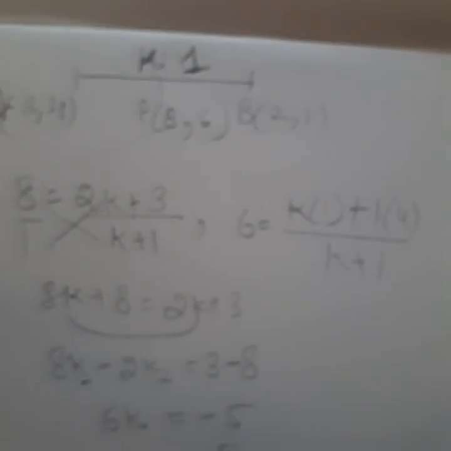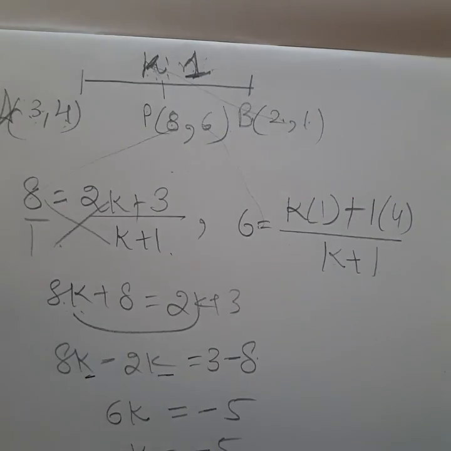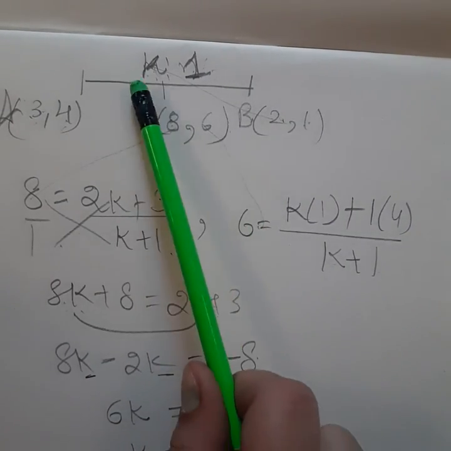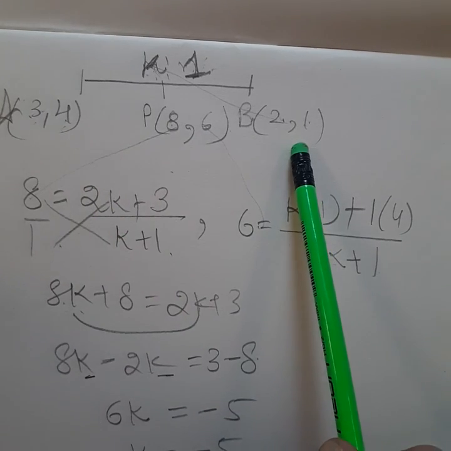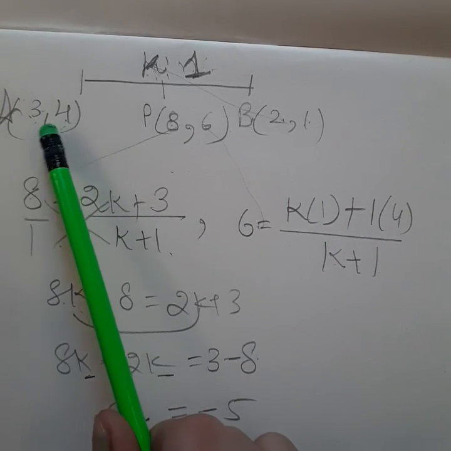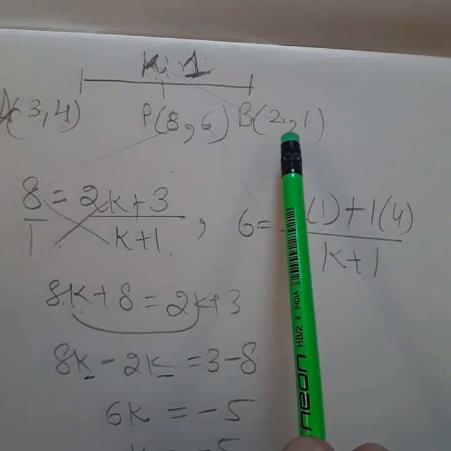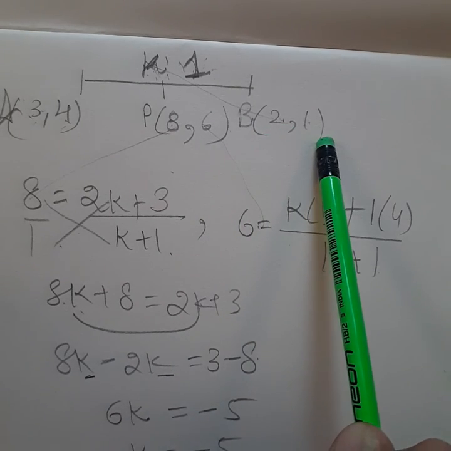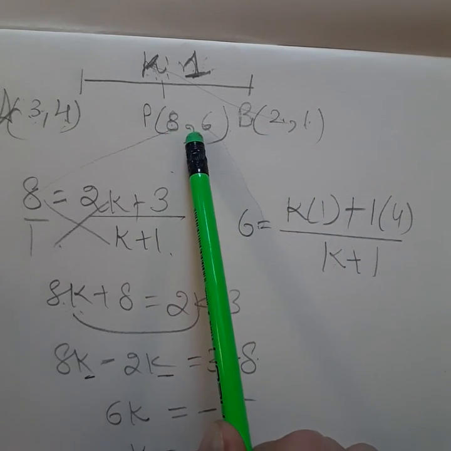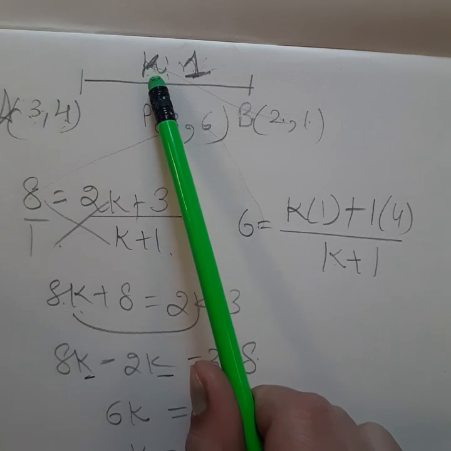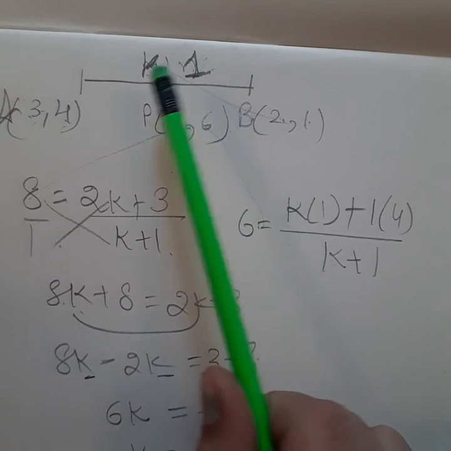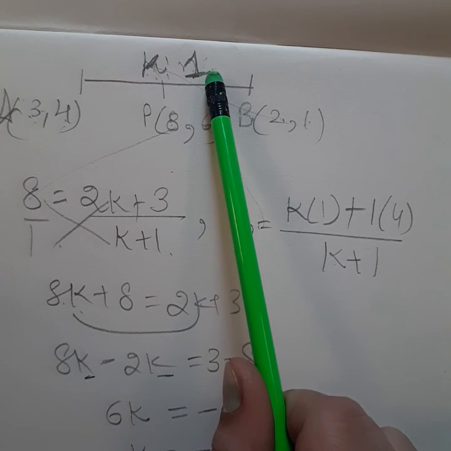Okay, now I repeat my process, that if we have to find the ratio, you can take any example, but I take A as (3, 4) and B as (2, 1), and the point of division is (8, 6), and we do not write here m ratio n, we have to write here k ratio 1.